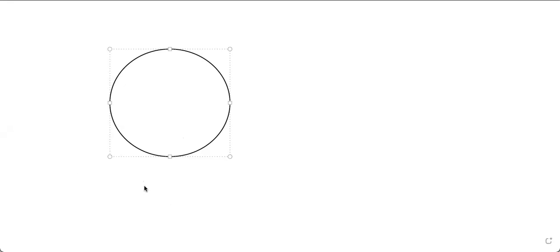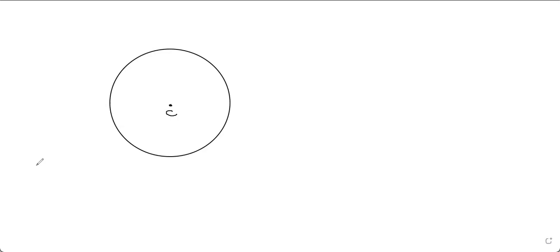I'm going to draw something and I will ask you questions regarding that. What have I drawn? What is the name of this figure? Very simple. We are starting very simple. What is the name of this figure? Correct. It is a circle. What is the name of this point C?